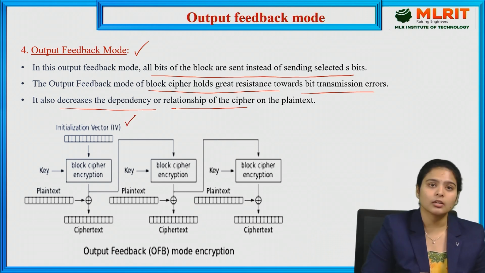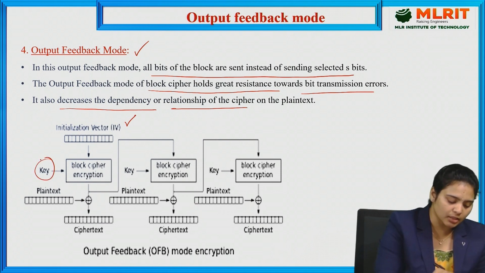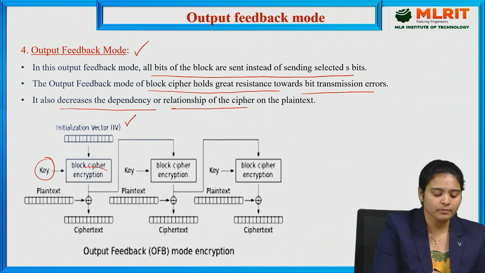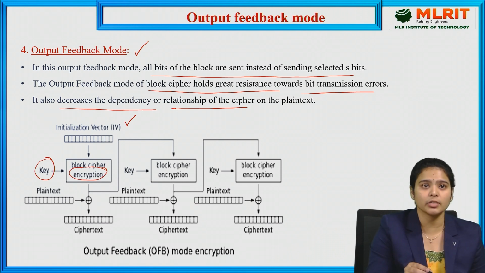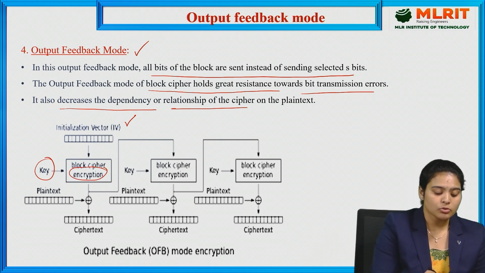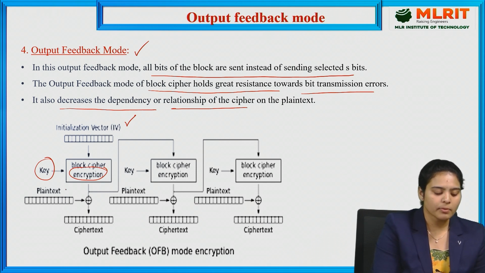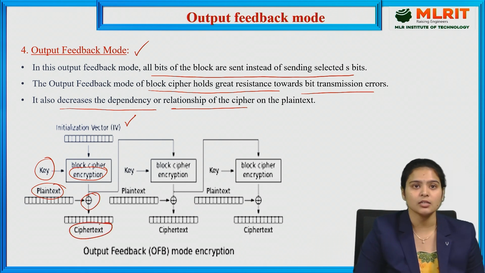The initialization vector is also represented with the key by using the block cipher encryption process. Here we are discussing only the encryption process. While discussing the decryption process, we keep the block cipher decryption process. Converting the plaintext by using the XOR operation gives the output of the ciphertext.